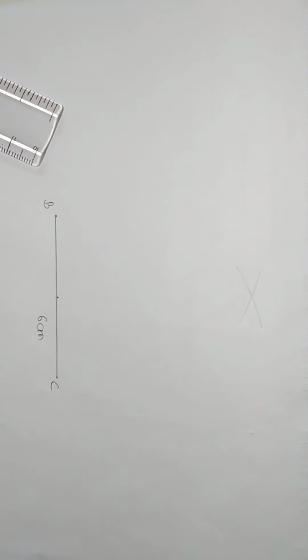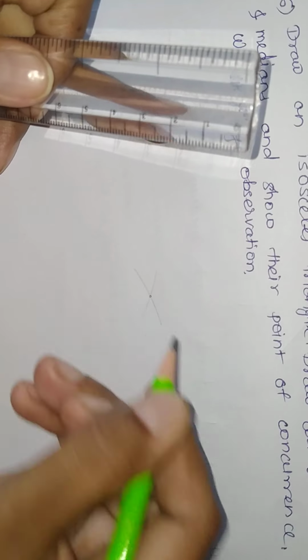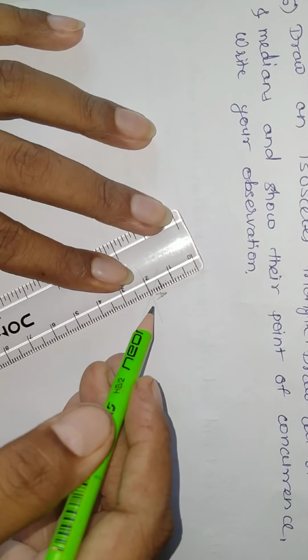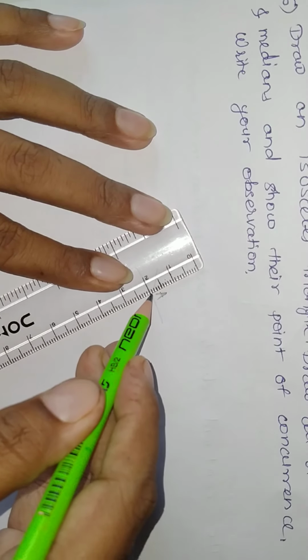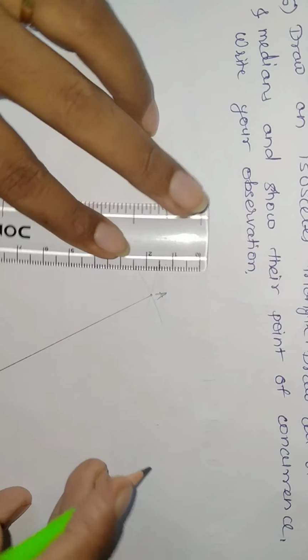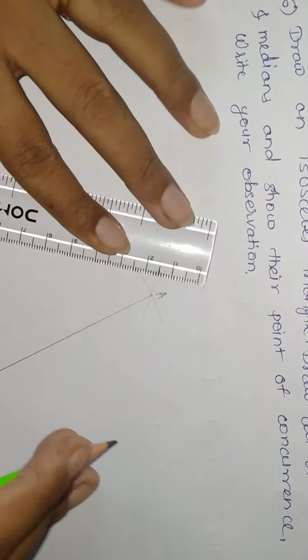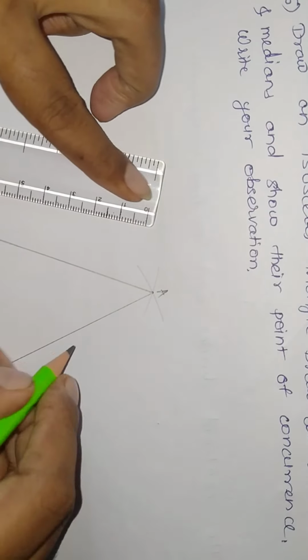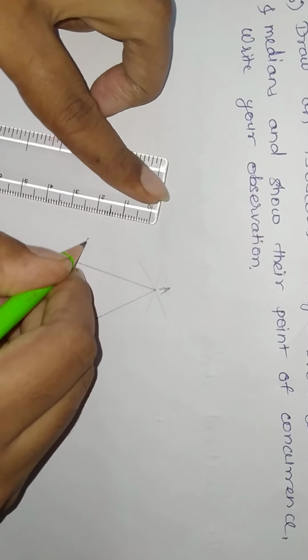How to draw the triangles we have learnt last year. Now we got here one point of concurrence, that is A. Now we'll join this. See, now these two sides are of 8 centimeters.